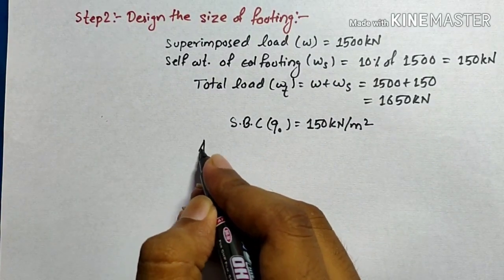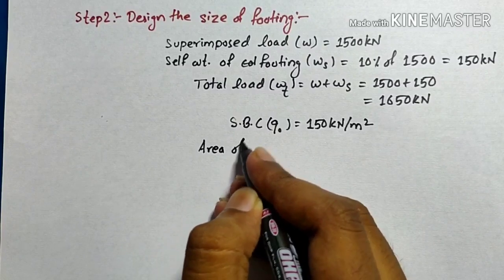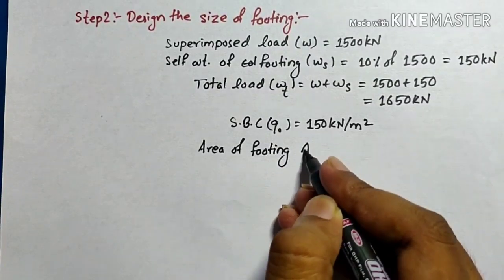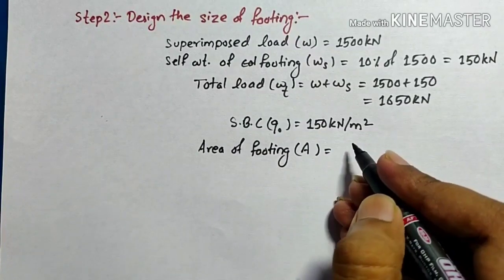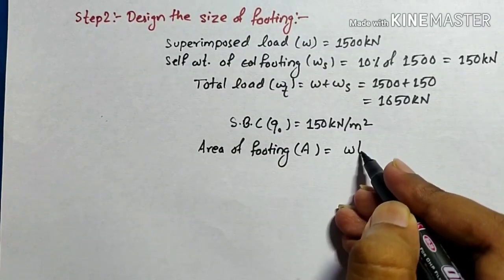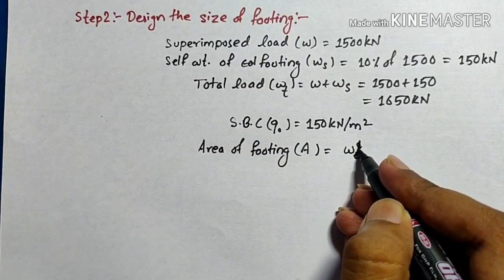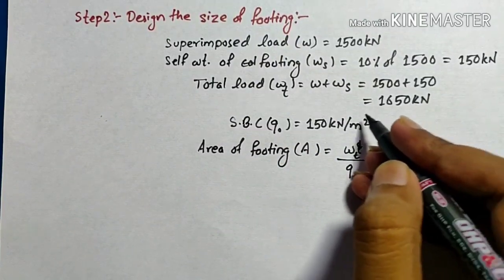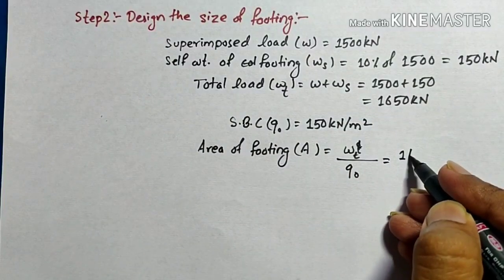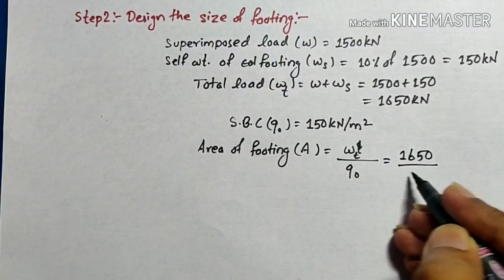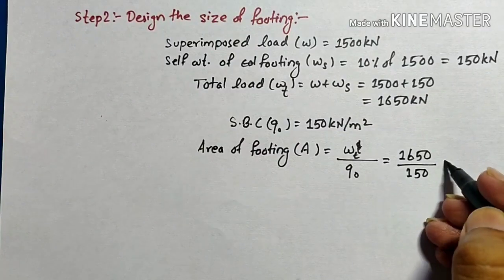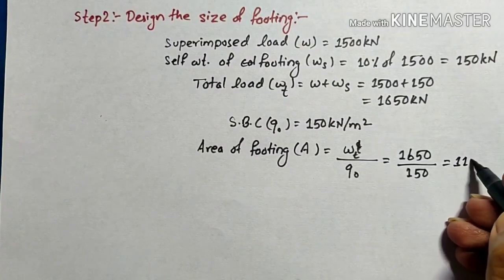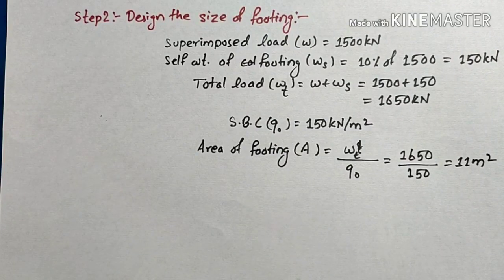So we will have area of footing, which is denoted by A, equals to total weight divided by the safe bearing capacity Q naught, then divide the total weight 1650 by 150. We will get the area of footing as 11 meter square.